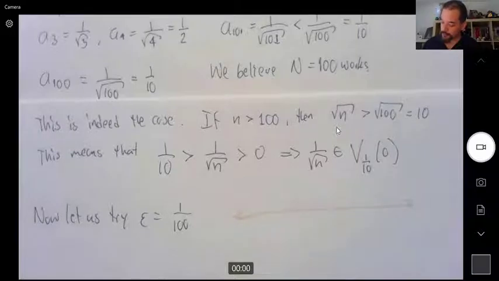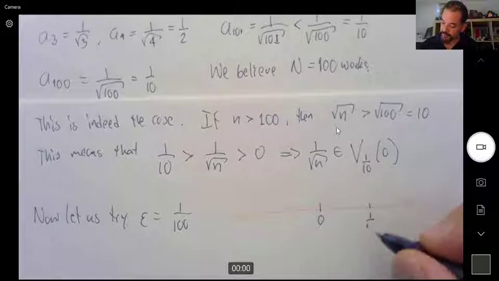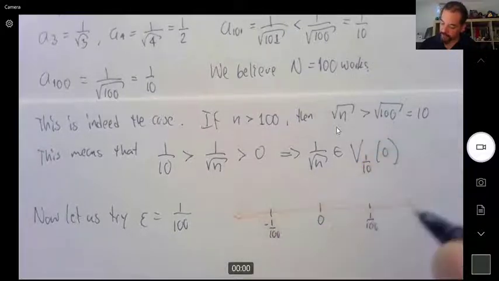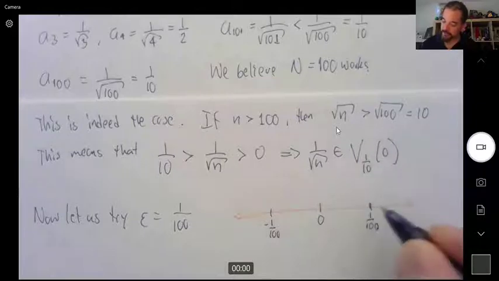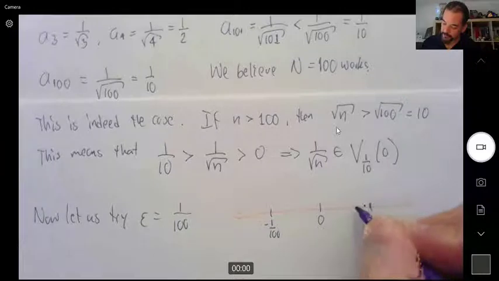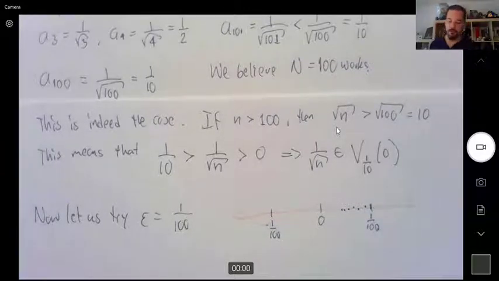Now maybe we magnify so that we don't need to squint. So now this is 100 and negative 100. How far should I go in the sequence to guarantee that all the elements are in here? Okay. And so what do you think?